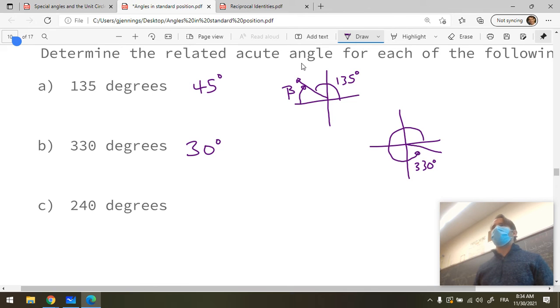240 degrees. What's the related acute angle? For 240, think about which quadrant it's in. It's in the third. So it's going to go around here to 240. So here we actually want this angle between the x-axis and the terminal arm.